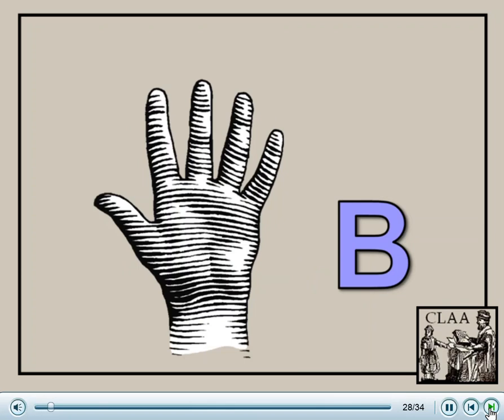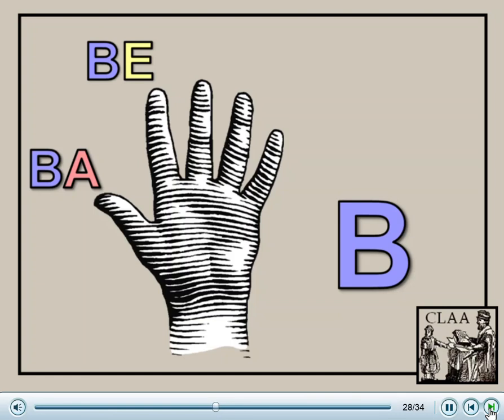Let's work a little more with our fingers. We're going to put the consonant be before each of the vowels on our fingers. Wiggle your thumb and say ba, ba. Now, wiggle your index finger and say be, be.